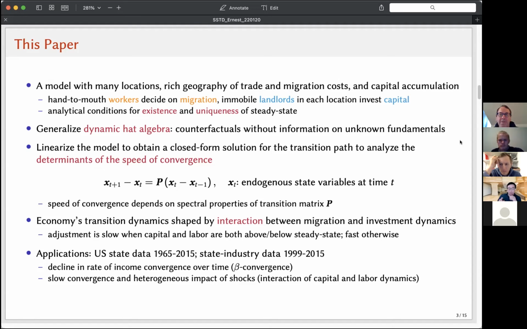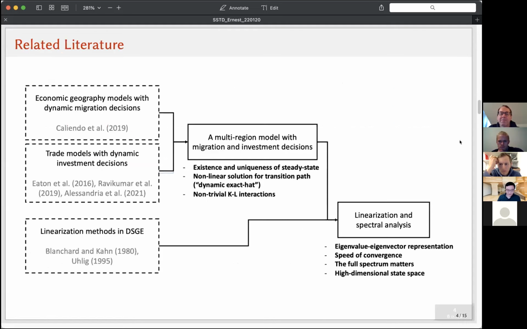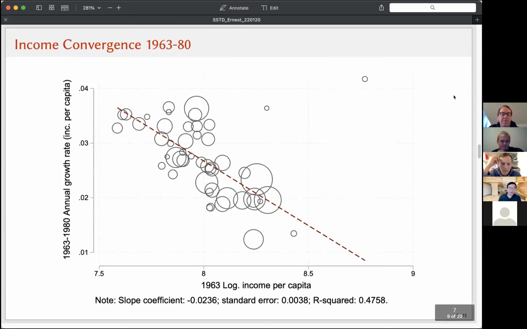Okay, so I'm going to go through that with a few pictures. This is the income convergence. We separate this half a century into 3 periods. For the initial 2 decades or so of data, if we plot the annual growth rate of income per capita in that period against the initial log income per capita, we see a negative slope.